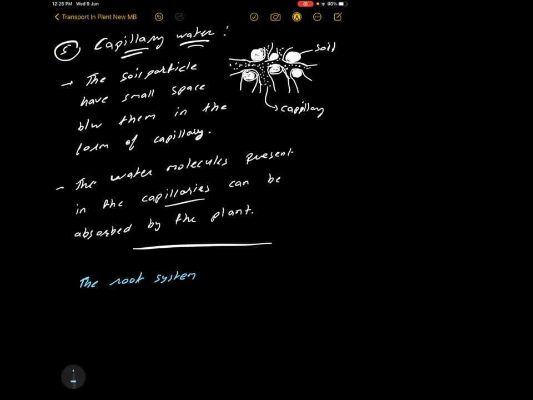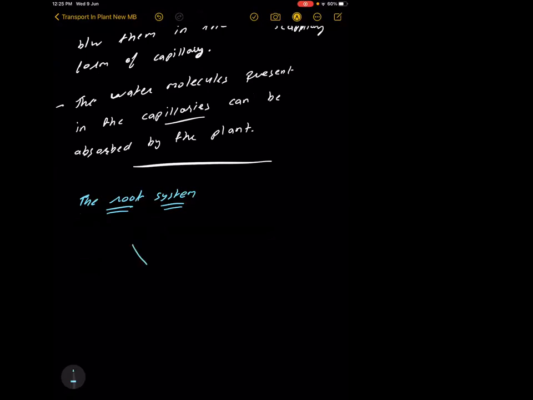Here actually there are 4 different regions in the root. This is the uppermost part. Uppermost means the terminal part, the last part you can say. So this part is the root cap.